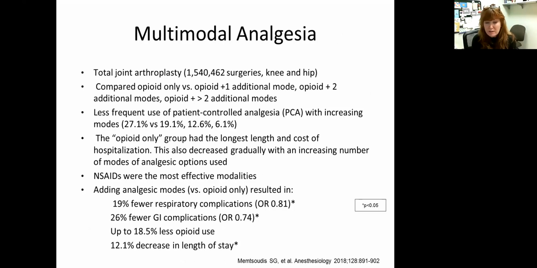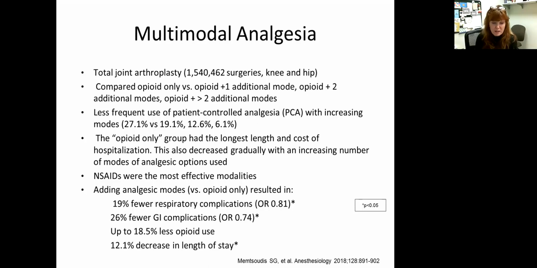So this is just some evidence to support this. This is actually an inpatient study that looked at total joint arthroplasty at the knee and hip. And this was a very large study, and they compared using opioids alone versus opioids plus one additional modality, or opioids plus a second modality.